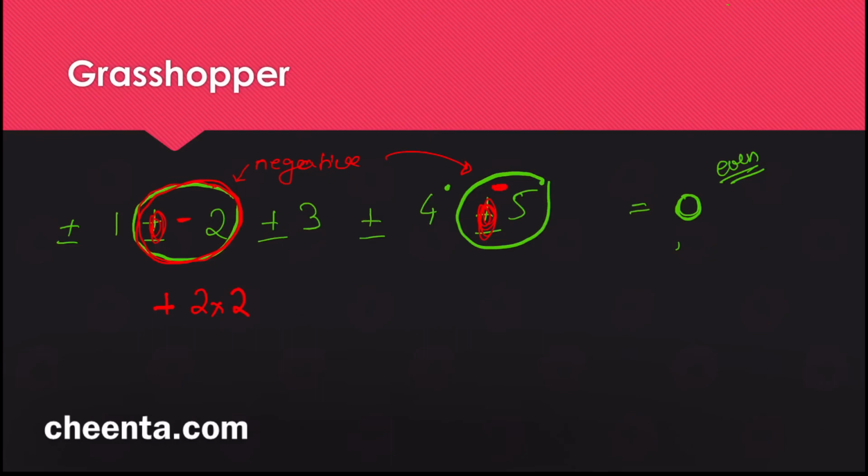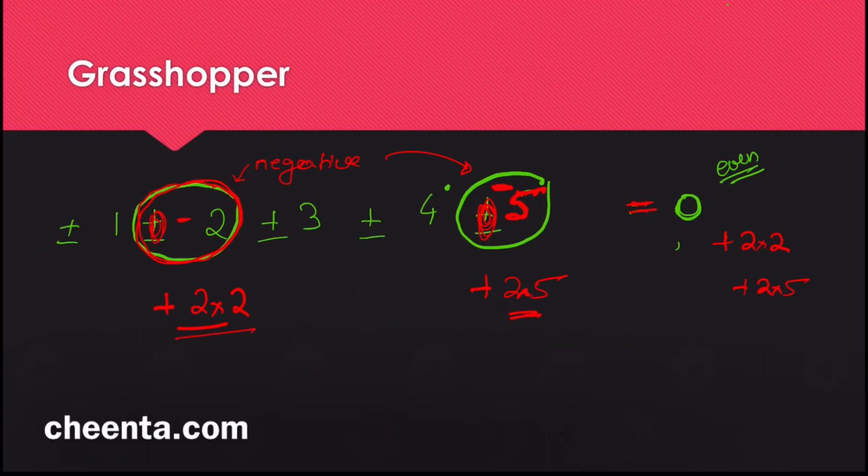And to convert this -5 into a +5, I will add 2 times 5. When I add 2 times 2 to the left, I'll add 2 times 2 to the right, keeping the equality active. And when I add 2 times 5 to the left, I'll also add 2 times 5 to the right, balancing out both sides of the equation.